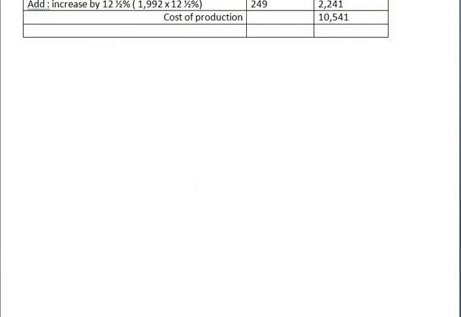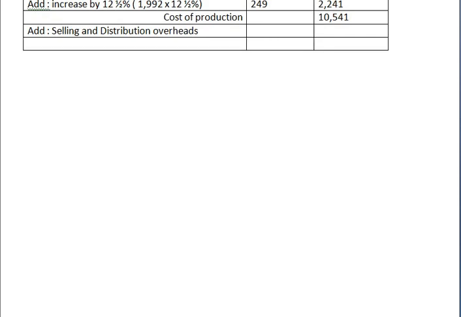Okay, yes. Now next is add selling and distribution overheads. Okay, now selling and distribution overheads. First, what we will take? We will take selling charges.